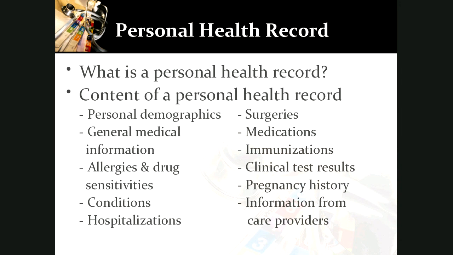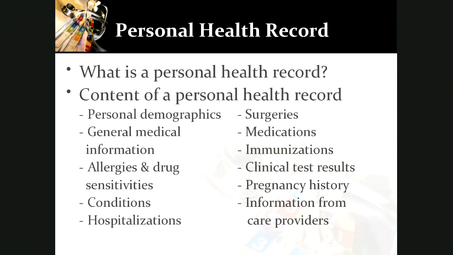So a personal health record is not always going to have everything in it. It's got to start somewhere. Maybe you're starting yours today, and from today forward, you'll find that when you try to set up a personal health record, you are collecting information from various sources. And you just kind of have to build it in, okay?